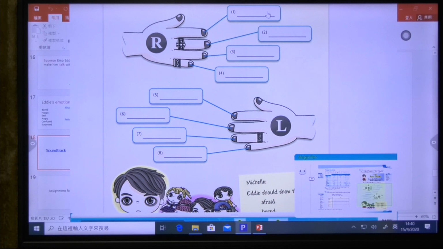Okay, I've got that one now. Number 4. Oh, Mum's bought me a new guitar. Lucky you, Eddie. Okay, on to his left hand now. Number 5.